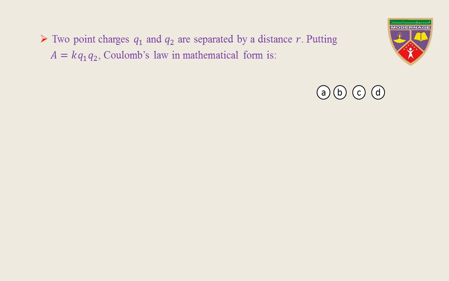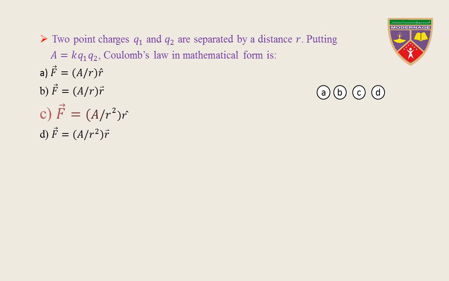Two point charges Q1 and Q2 are separated by a distance R. Putting A is equal to K Q1 Q2, Coulomb's law in mathematical form is: option A, F vector is equal to A divided by R into R unit vector; B, F vector is equal to A divided by R into R vector; C, F vector is equal to A divided by R square into R unit vector; D, F vector is equal to A divided by R square into R vector.